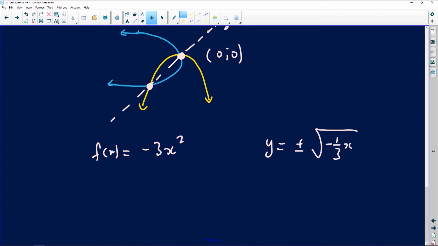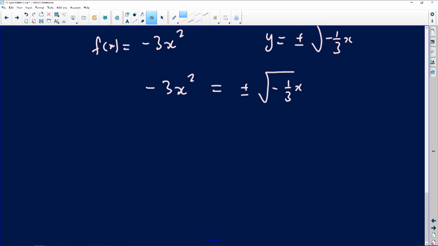Now, in order to find the point of intersection of any two graphs in the world, it means it is where the graphs are equal. So I'm going to equate them. I'm going to have negative 3x squared is equal to plus or minus the square root of negative 1 over 3x. And then we just apply our algebraic skills and have fun with this.